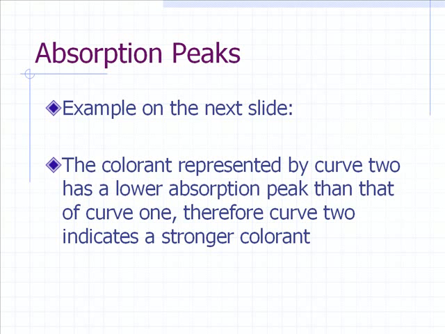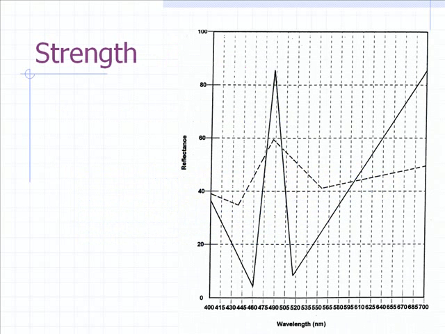Because of that, these absorption peaks are much lower. That's a stronger pigment. If these were two white letdowns with the same concentration, same amount of white, this pigment would be stronger than that pigment. It also would be darker than this one. The higher up the curve is, the lighter the particular colorant is.